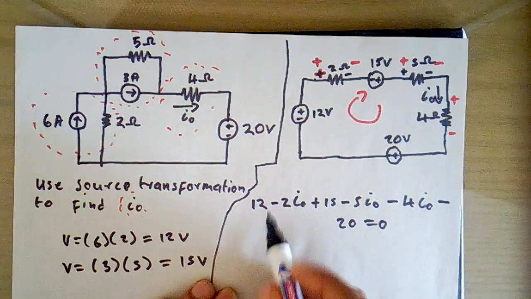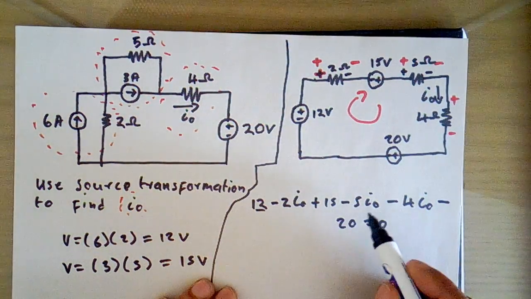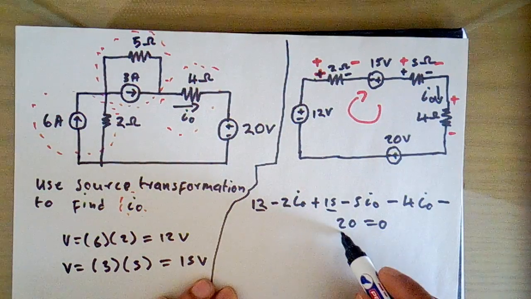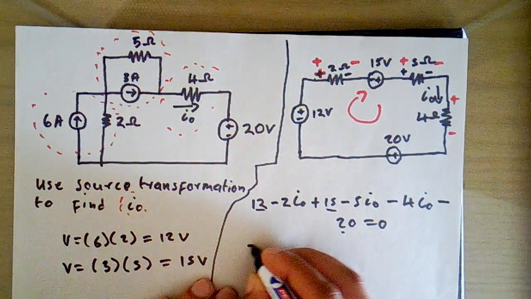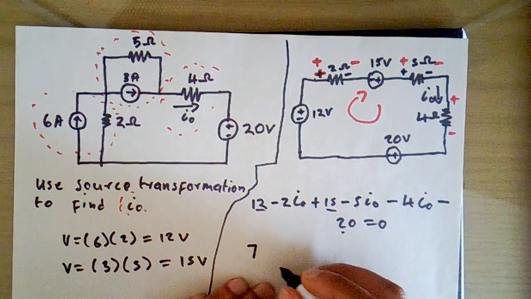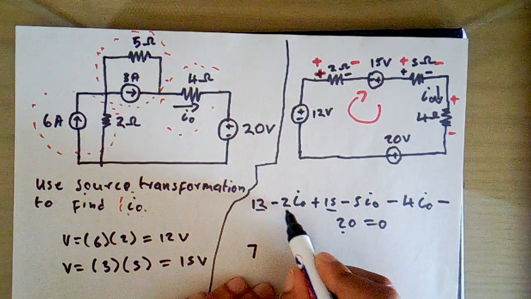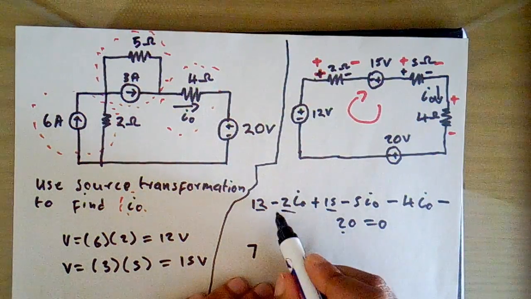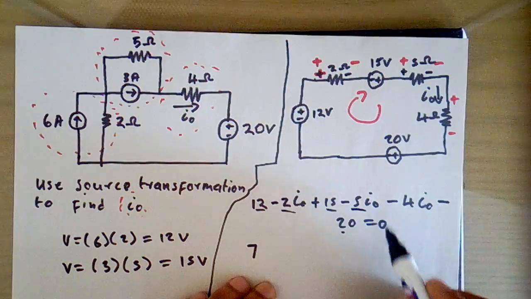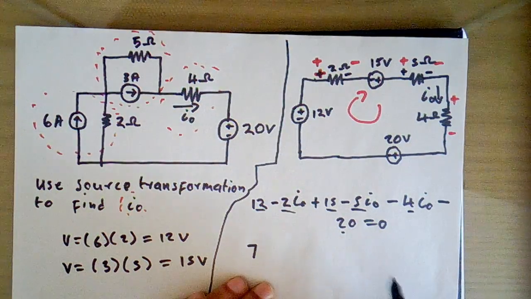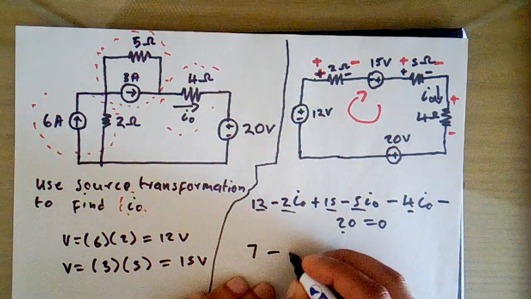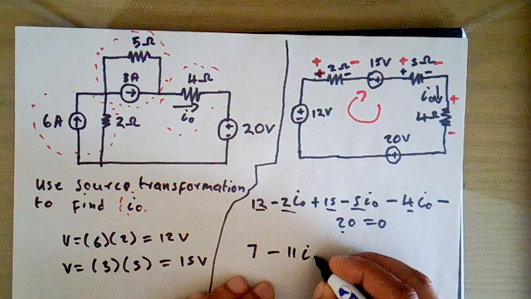And then if you add 12, 15, minus 20, you'll get 7. And if we add negative 2 I0 and the other terms, you will get minus 11 I0.